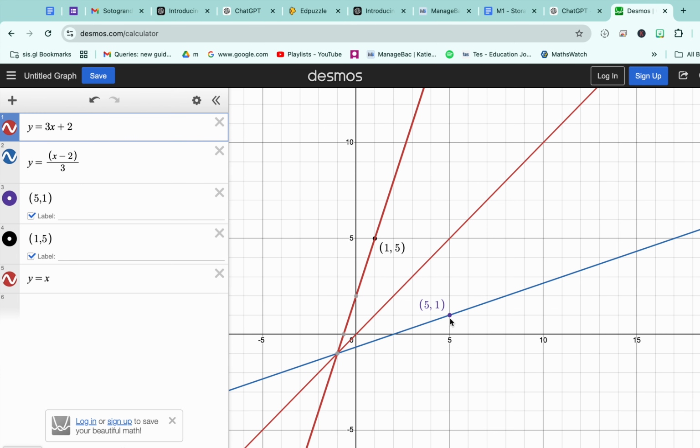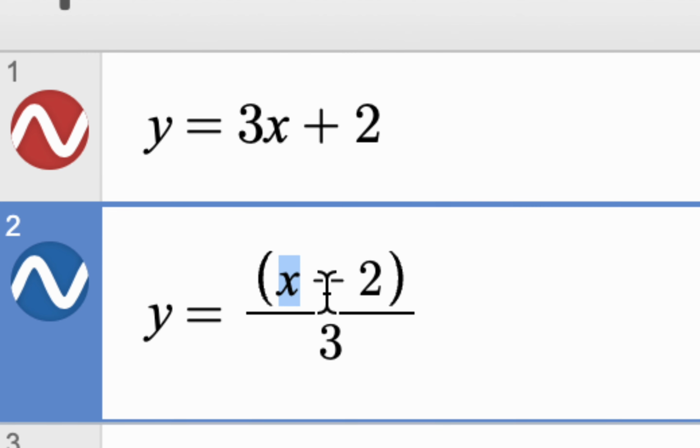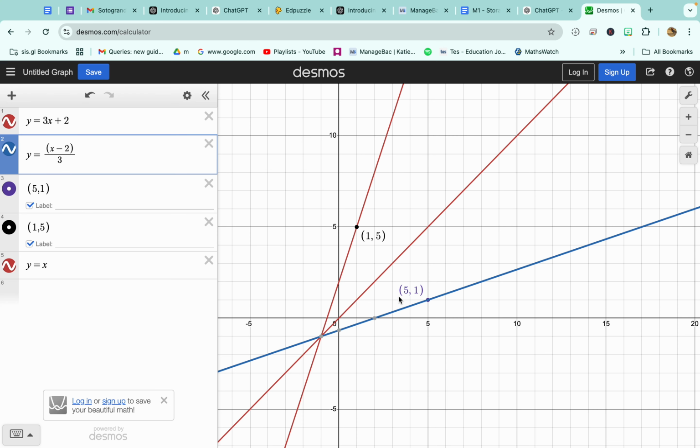Whereas if you switch those coordinates around and substitute in 5, 5 minus 2, which is 3, divided by 3 is 1. So it works. We know this function is correct if the coordinates that you've generated from the first function can substitute nicely into the second formula.